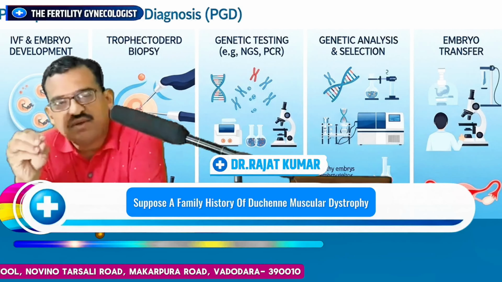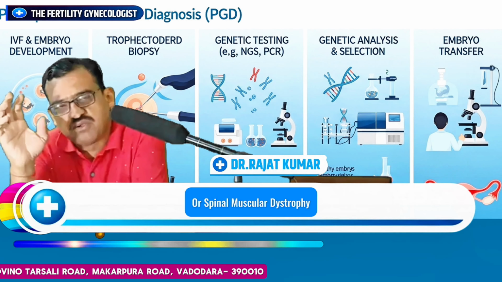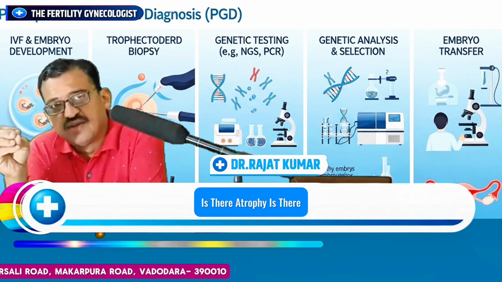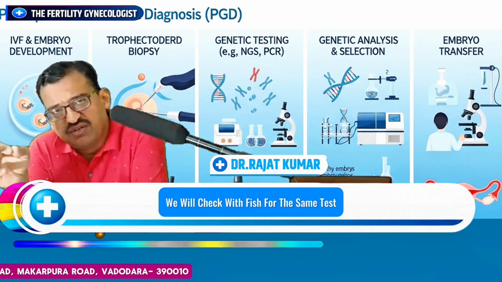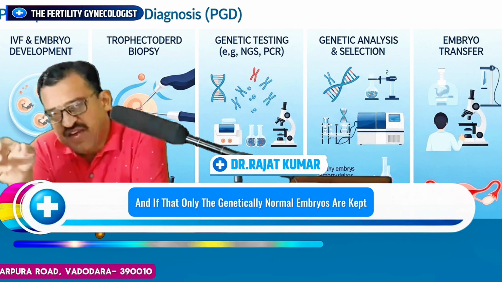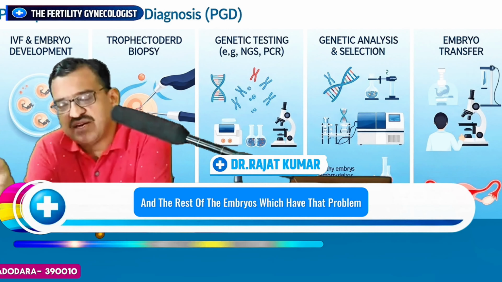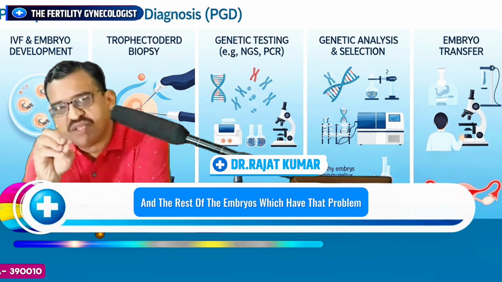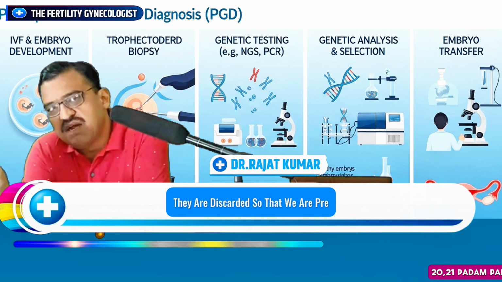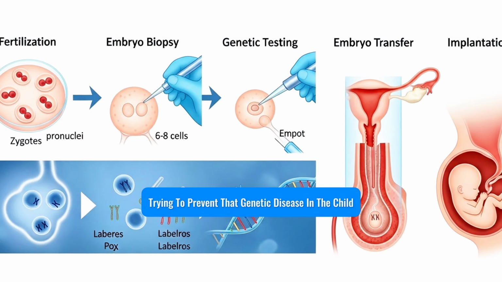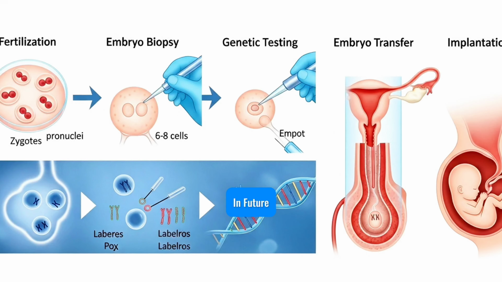Suppose a family history of Duchenne muscular dystrophy or spinal muscular atrophy is there. We will check with FISH for the same test, and only the genetically normal embryos are kept and the rest of the embryos which have that problem are discarded, so that we are trying to prevent that genetic disease in the child in future.